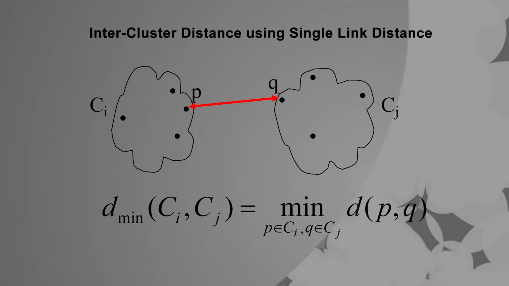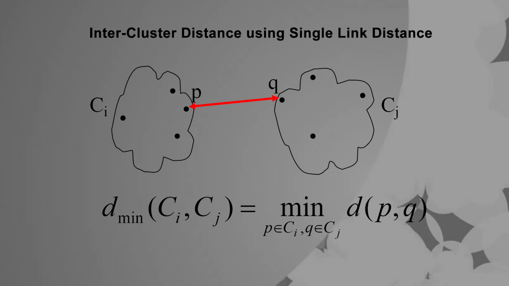Now, please look at this visual. 2 points, namely P in cluster Ci and Q in cluster Cj. Now, these 2 points, if I pick up from the two clusters, they are the closest when compared to the distance between any other 2 points between the cluster Ci and Cj. So, I take this to be my single link distance.